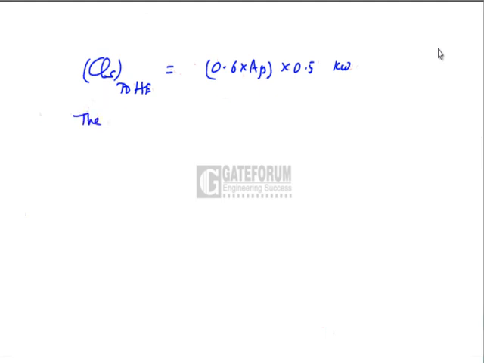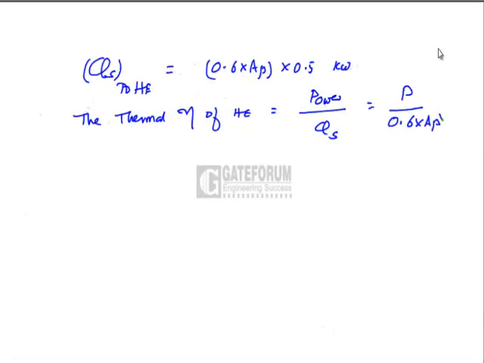The thermal efficiency of heat engine is equal to power output divided by heat supplied, that is power output divided by 0.6 into AP into 0.5, where AP is the area of the plate.